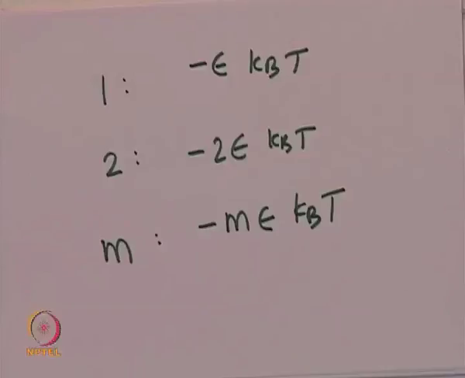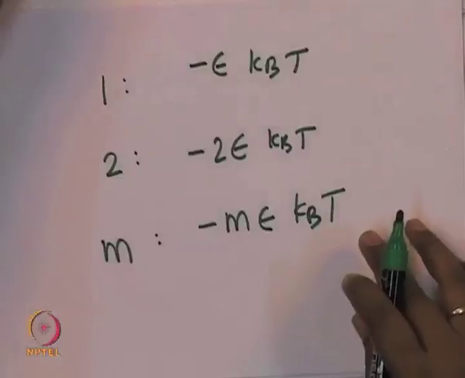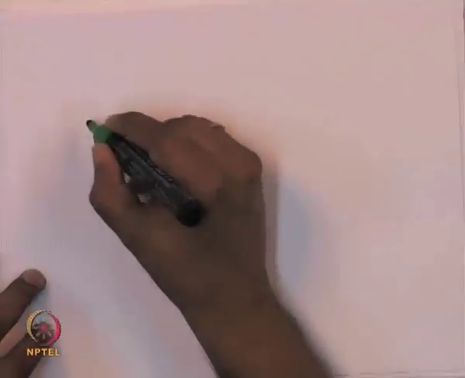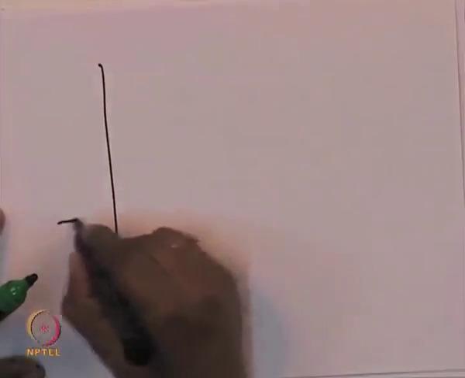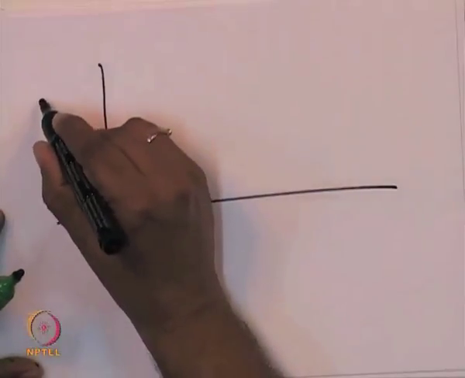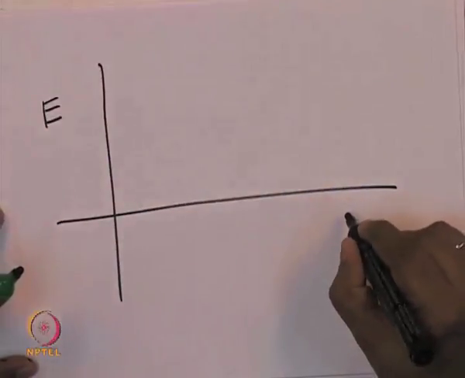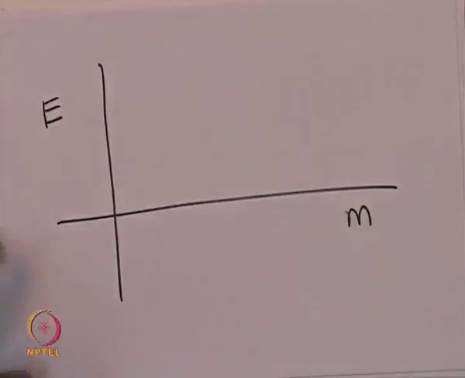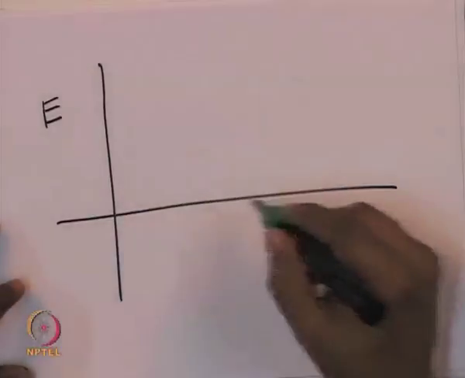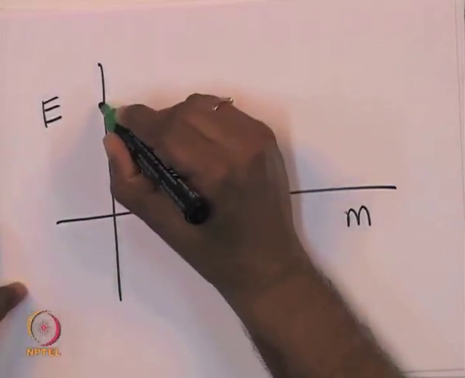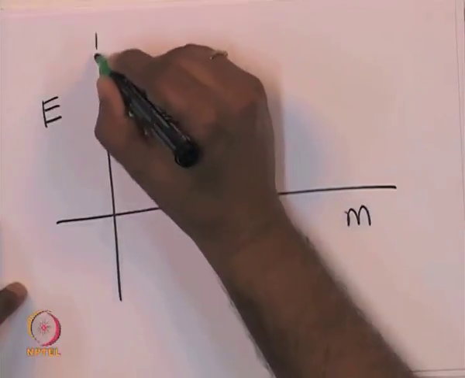Okay. So, this is the energy gain. Let us plot for a minute the energy gain by protein binding versus the number of proteins m.